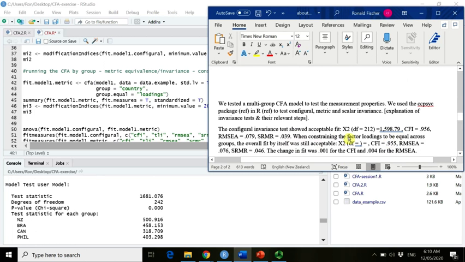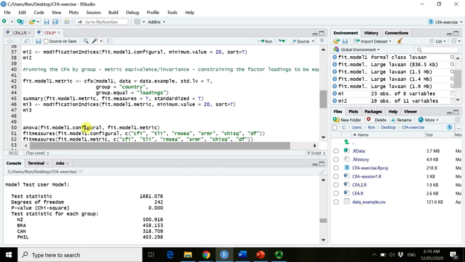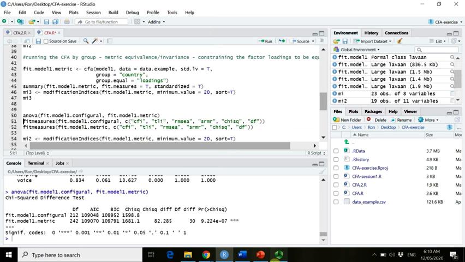For the overall chi-square, we have 242 degrees of freedom, and it's 1681.08. And we obviously also want to have the difference in chi-square.